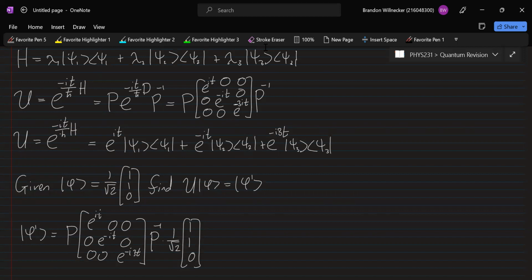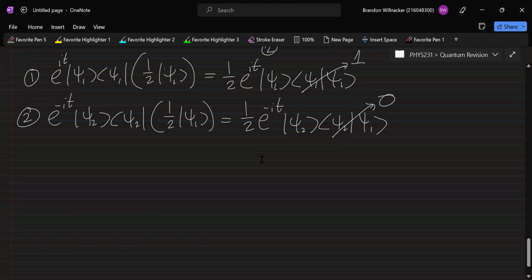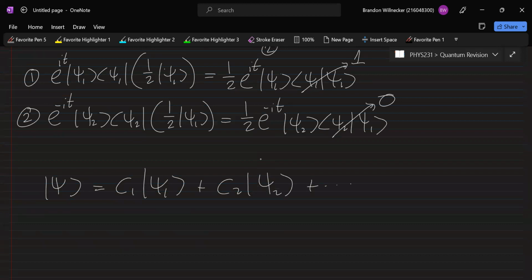Okay, so that is it for this revision. Remember that this revision just went over the time evolution. I could also ask you on the probability of being in a certain state. Okay, so remember, if you have a state psi, let's write this out. Psi is equal to C1 psi1 plus C2 psi2, and so on.